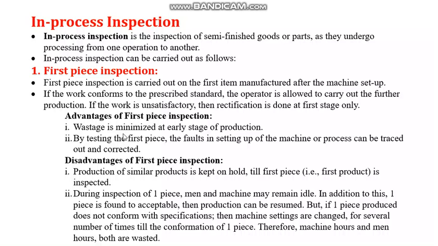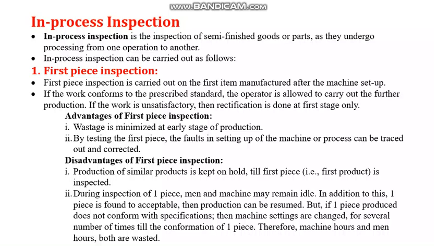Suppose for example, if you are printing some 50 pages, when you print the first page, you will see how it has come, whether the margins are correct, whether the font is correct, whether everything is printing properly or not. And afterwards only you give the command for printing all the 50 pages.